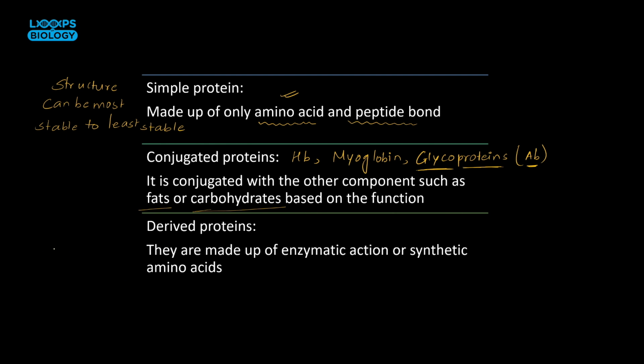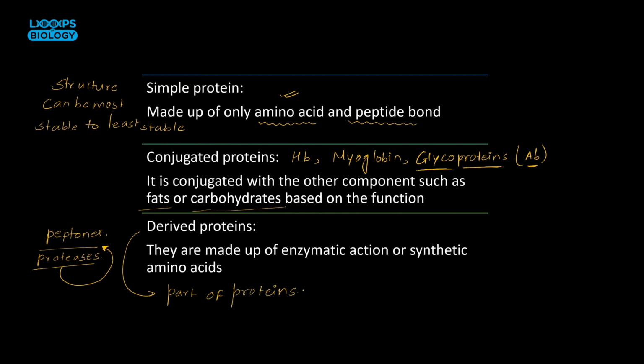While if there is some enzymatic action to form, suppose, peptones or proteases, so this enzyme, the protease enzyme, is able to form peptones, and these peptones and peptides are basically parts of the protein. So in the case of derived protein, some parts of proteins are formed.